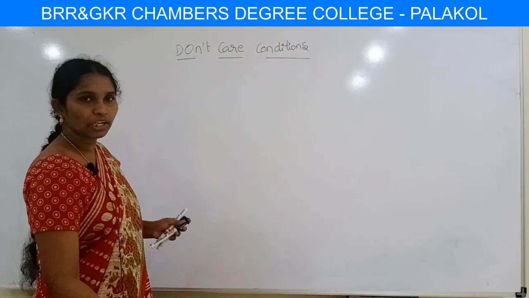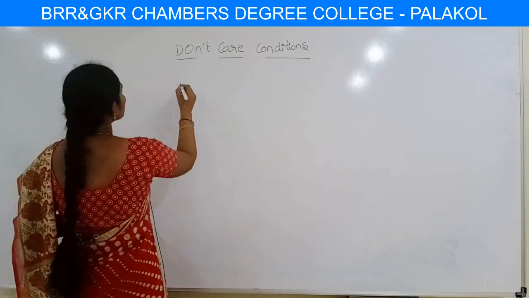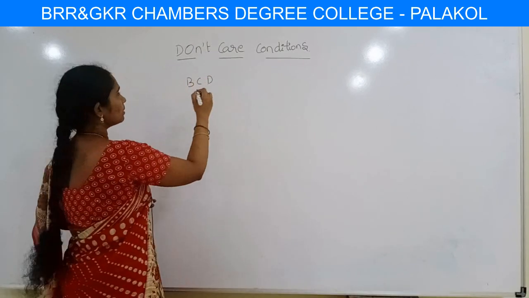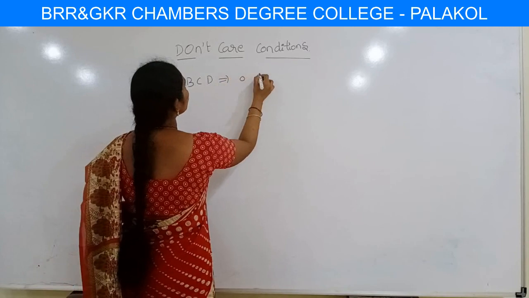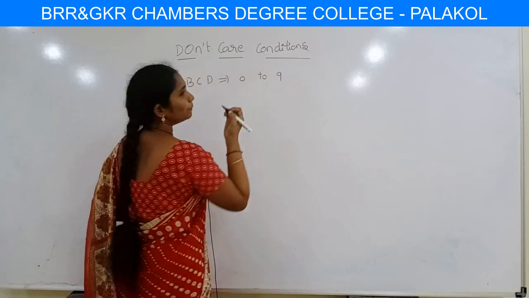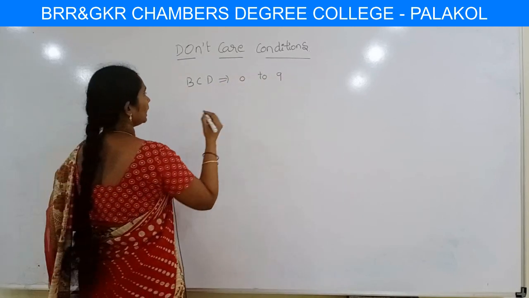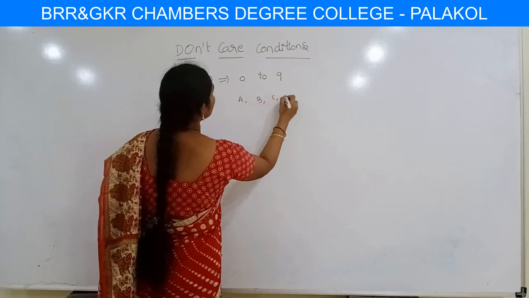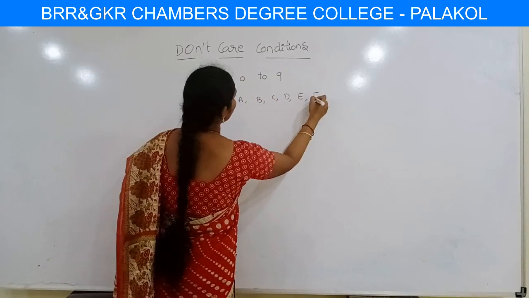In the last presentation I have explained. For BCD numbers, how many numbers are there? 0 to 9 are the BCD numbers. After 10 that is A, B, C, D, E, F.